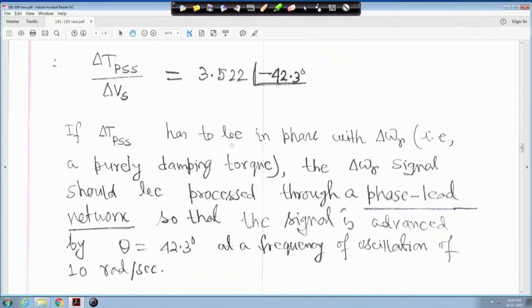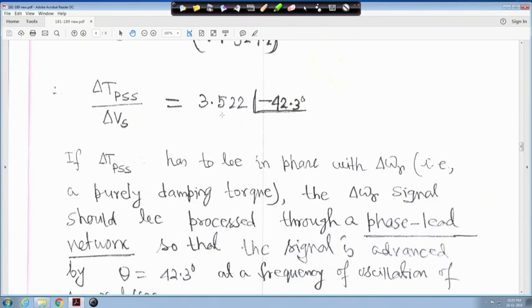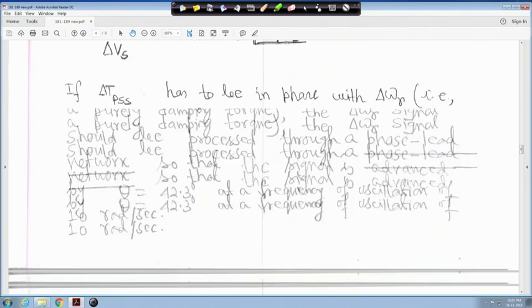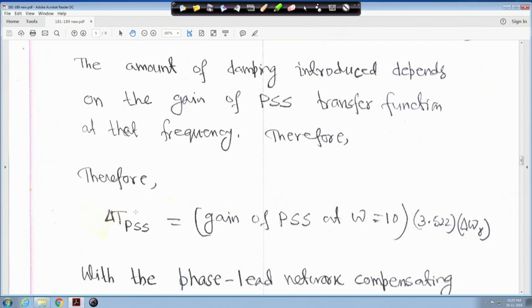Here delta T PSS is equal to delta Vs 3.522 angle minus 42.3 degree, and here the delta T PSS must be equal to gain of PSS at omega is equal to 10 radian per second into 3.522 delta omega r.